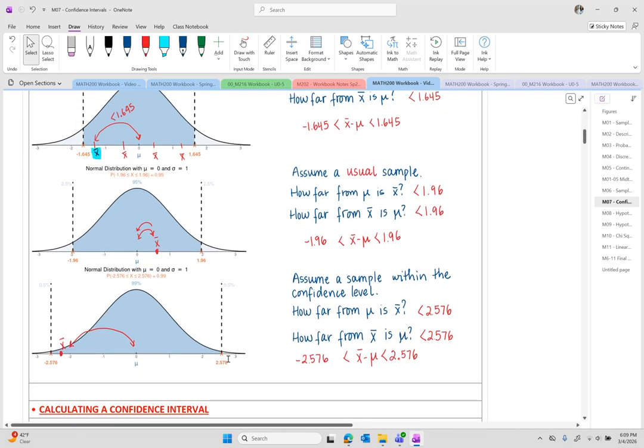And 99% of the time, the real parameter, the real population mean, will be less than 2.576 standard deviations away from the sample mean.